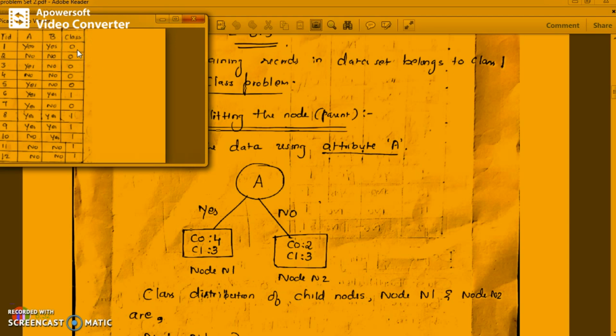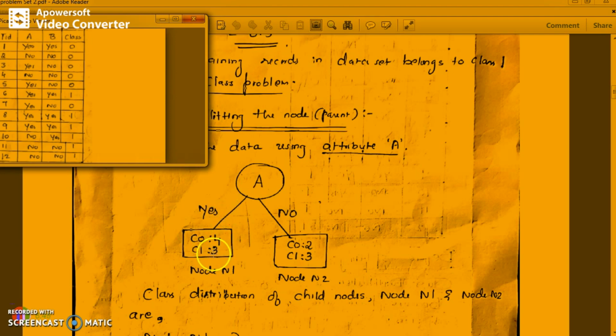That distribution you have to find out now. Count the number of records: yes 0, yes 0, yes 0, yes 0, total 4 records we got. That count is written here, belonging to class 0.